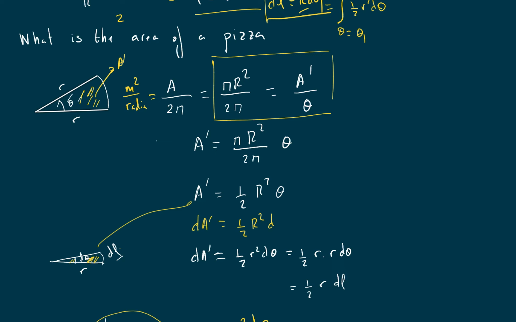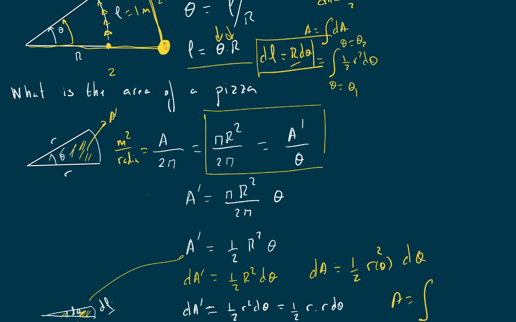And what will be the total area? The total area will be the sum of all the small areas. So let's describe the area like this. The small area is 1/2 r of theta squared times d theta. So the total area is the integral, the sum of all the small areas.